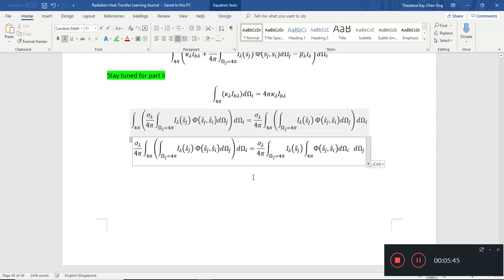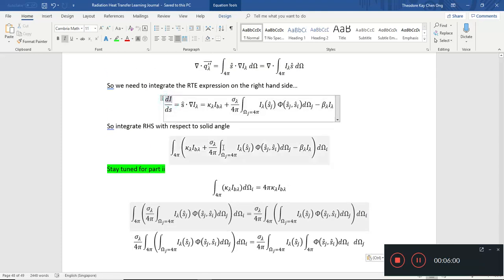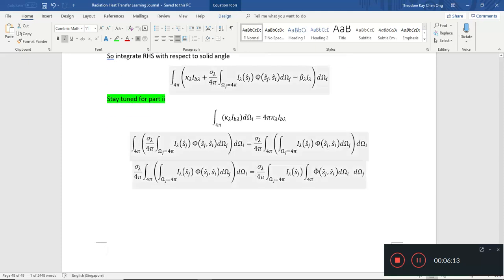So you can bring this integral in, and this is what we are left with, because this direction I is with respect to this dI/ds, which is actually dependent on direction I. So this is direction I, this is also direction I. That's why we can bring this in.